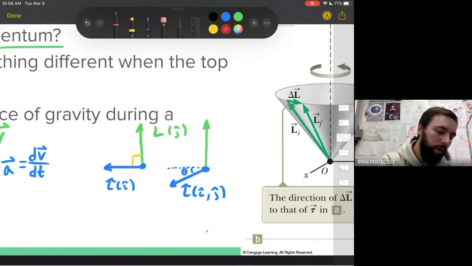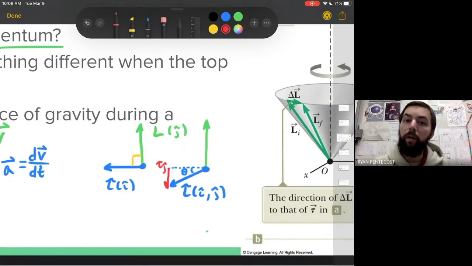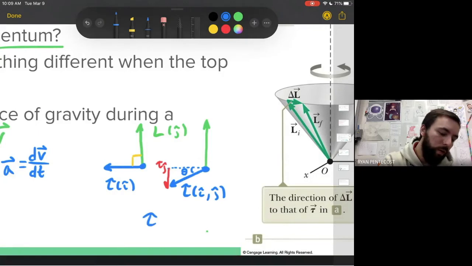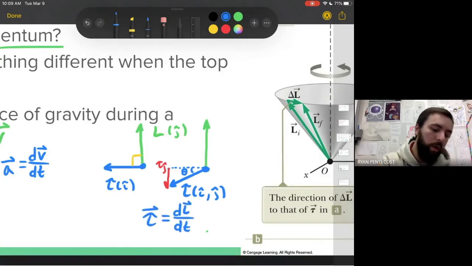Here would be your torque component in the j direction. Now, since there is a j component and there is a j component for the angular momentum, that means your torque will now act on that j component because, like acceleration equals the change in velocity over time, torque equals the change in angular momentum over time, right?